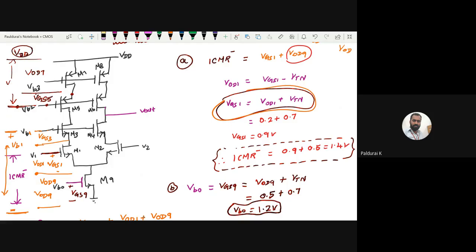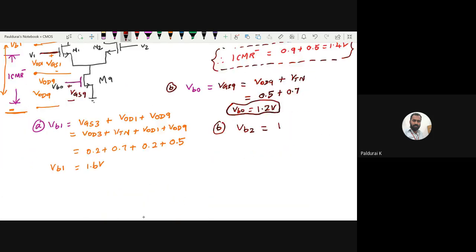So this is not my VB3 now. In order to calculate the voltage at this point, with applied voltage VDD, you subtract these two dropped voltages from this VDD. So can I write VB2 equal to VDD minus the overdrive voltage of, I think, the 7th transistor, since it is a PMOS, so take the magnitude, minus the gate to source voltage of the 5th transistor.